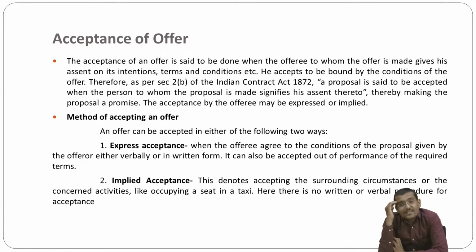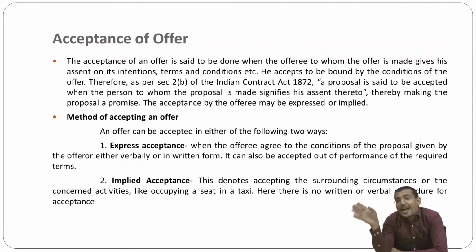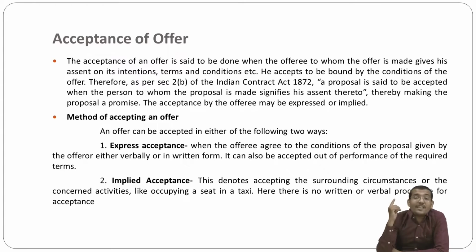So now in your mind, sir, what are the particular methods for accepting the offer? It can be in two ways, that is in an express way, or we can say in an implied way. So here we define express acceptance, and second is implied acceptance.